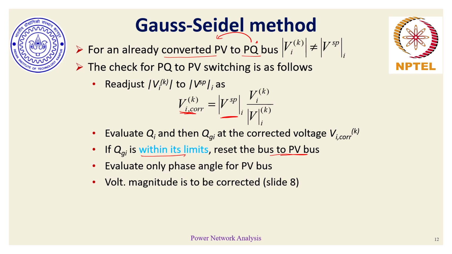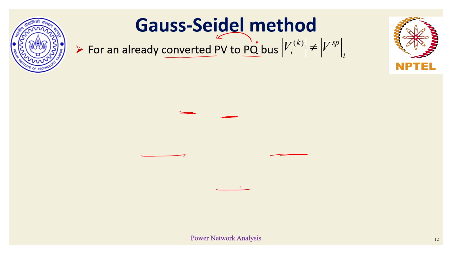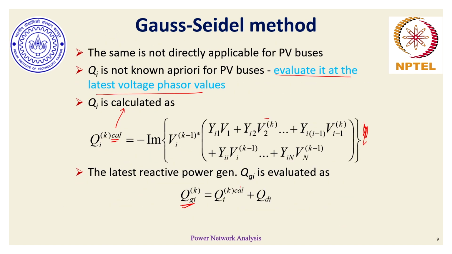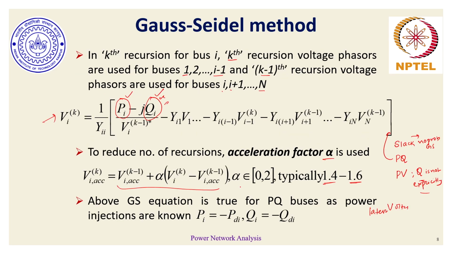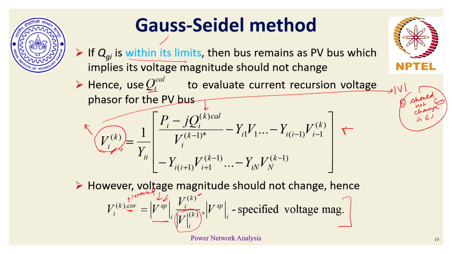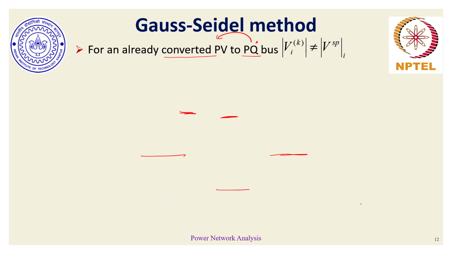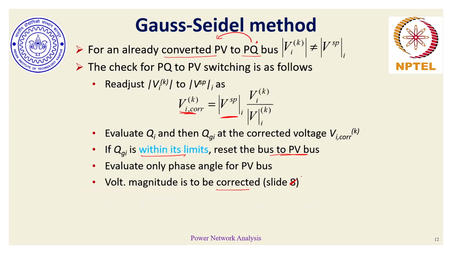The phase angle can change as per the correction given in slide number 8, which was this particular slide over here. Sorry, the slide number is wrong. This has to be slide number 10, not 8. I'll correct this when I change the slide.